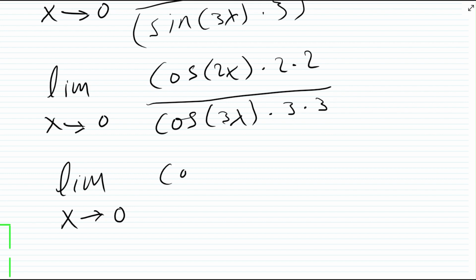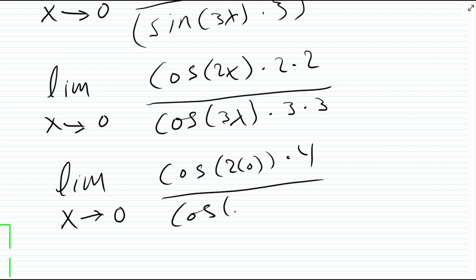We'll end up getting cos 2 times 0 times 4 over cos 3 times 0 times 9, right? So cos of 0, because this is going to be 0 and this is going to be 0 as well, and cos 0 is 1, so we end up getting 4 over 9 as our final answer.